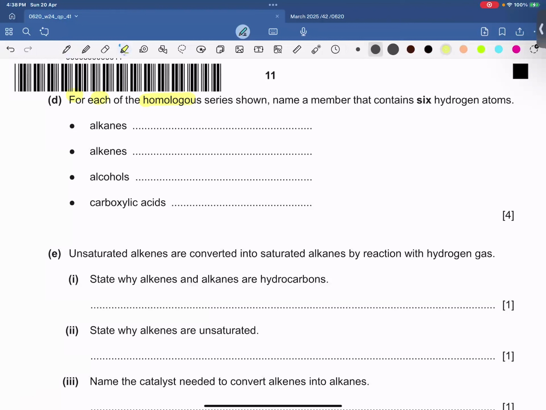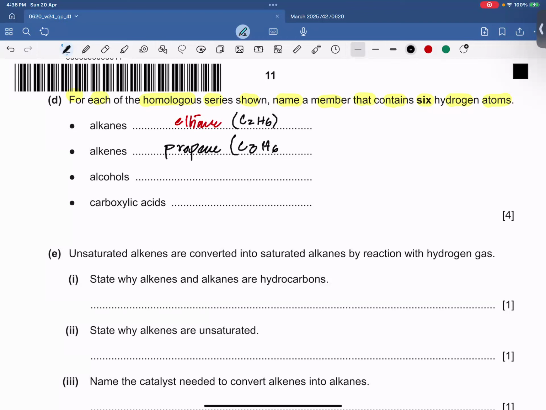For each of the homologous series shown, name a member that contains 6 hydrogen atoms. Alkane, ethane, because it has 6 hydrogen atoms. Its formula is C2H6. Alkene, propene, because it contains 6 hydrogen atoms.